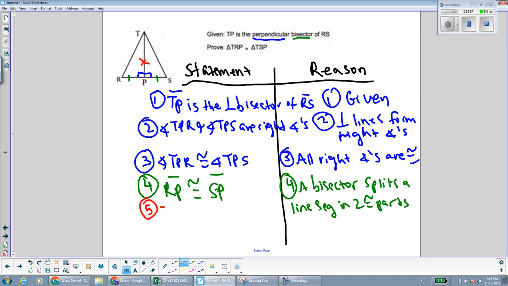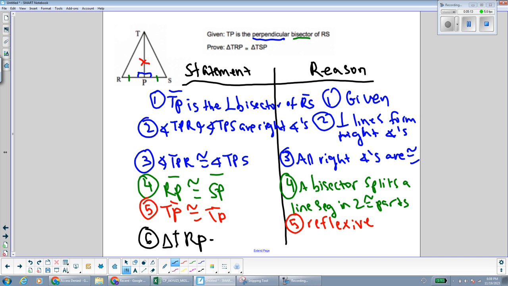Finally, our last piece of information was our shared side TP. We know that TP is congruent to itself by the reflexive property. And now we have enough information to achieve our goal. Triangle TRP is congruent to triangle TSP, and that is due to SAS.